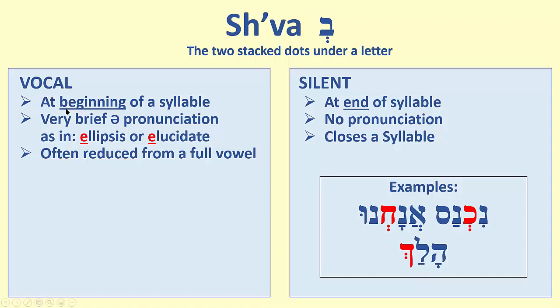A vocal schwa shows up at the beginning of a syllable, and it does have a very brief pronunciation. Some example words that have this sound might be ellipse, that beginning sound in ellipse, or elucidate.